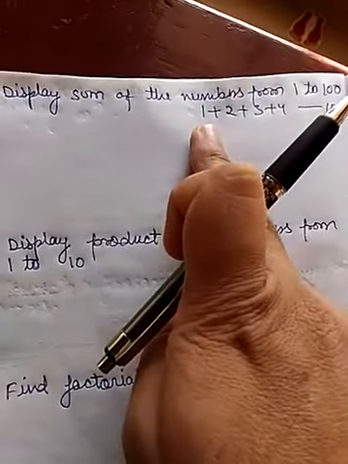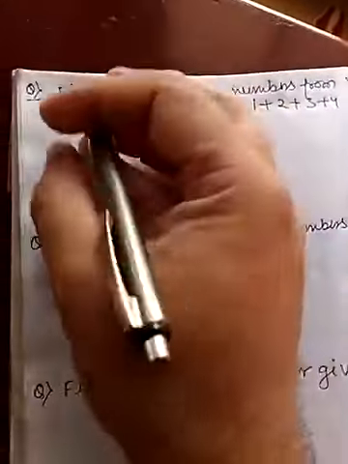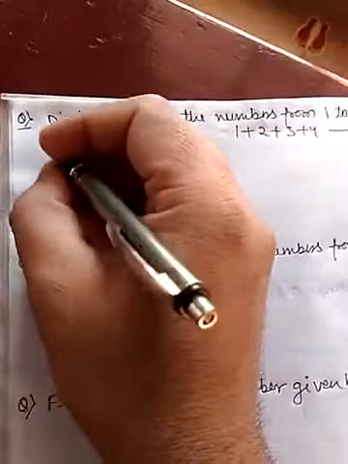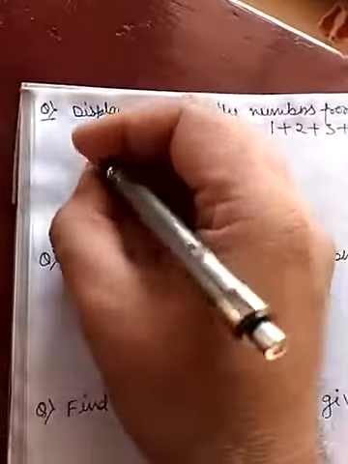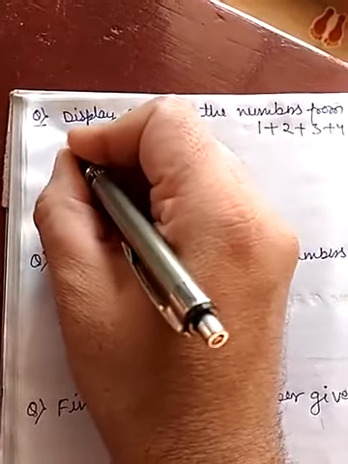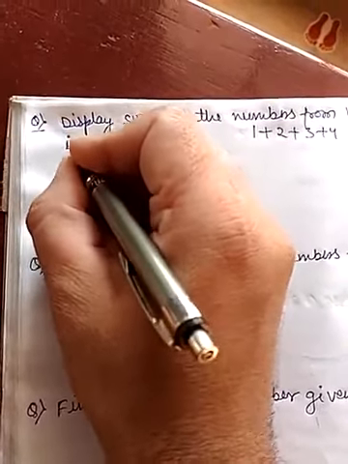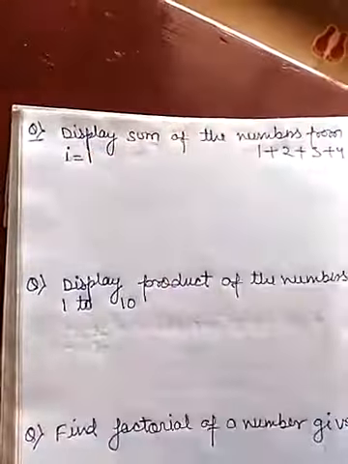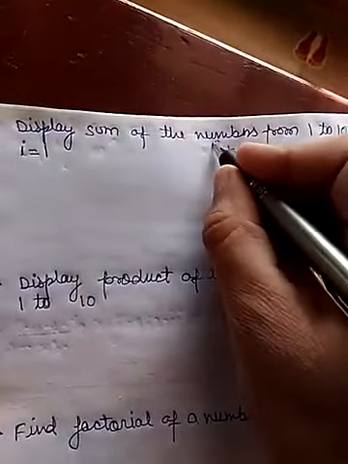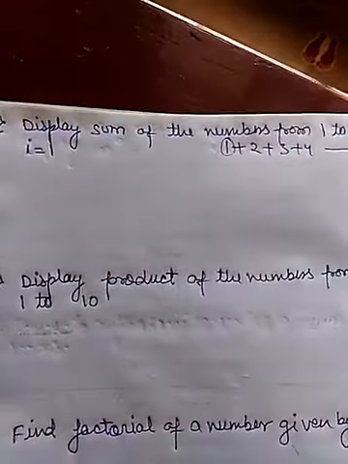So the initialization part is 1. So I am taking a variable, let us say loop index, I equal to 1, means this is the initialization of the loop index.